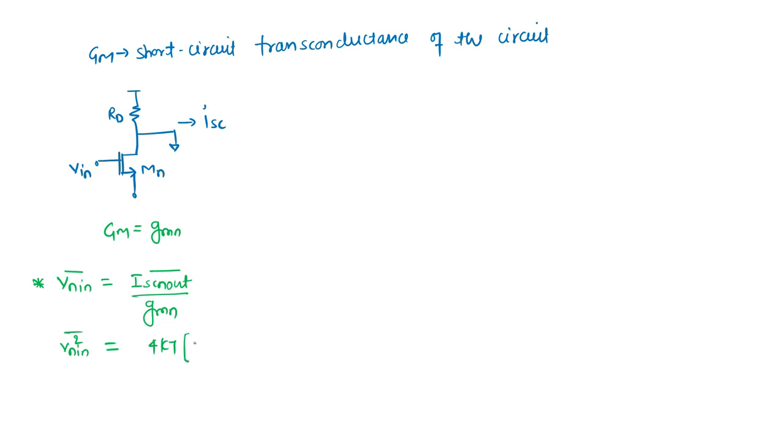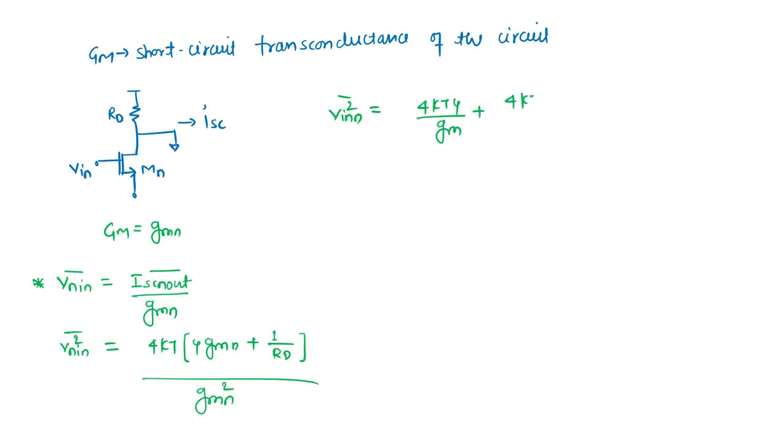So it is 4kT(γgmn plus 1 upon RD) divided by gmn squared. So the input referred noise mean square value is 4kTγ over gmn plus 4kT over RD times gmn squared.